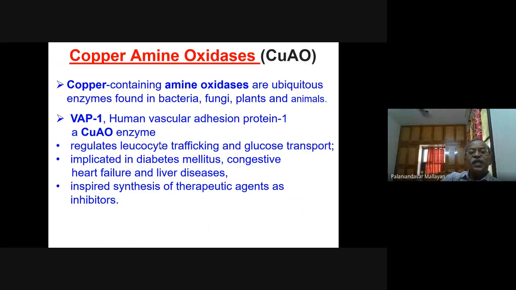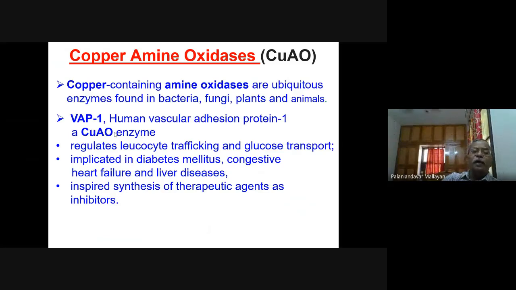In fact, the human vascular adhesion protein, which deactivates some cellular function and which leads to cancer, was shown to be a copper amine oxidase enzyme. This protein is simply called VAP-1. So this is an inhibitor enzyme, right? So you can prevent cancer activity with the help of this enzyme.